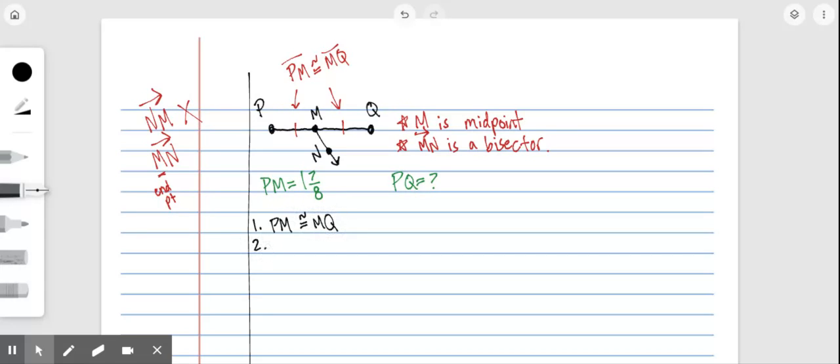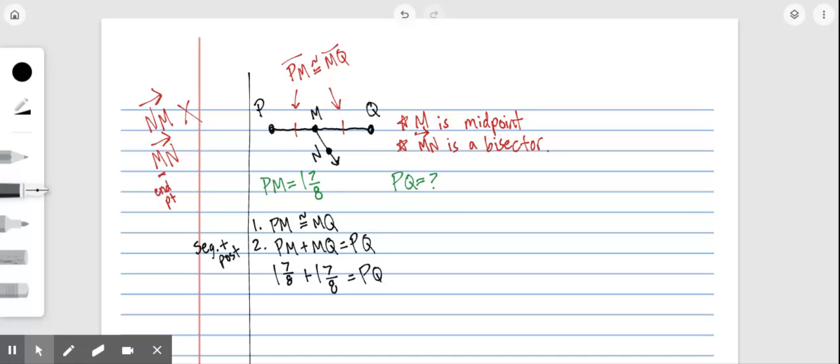Number 2, because of the segment addition postulate, I know that PM plus MQ equals PQ. Okay, and then since PM equals 1 7/8, I write 1 7/8 plus 1 7/8 equals PQ.